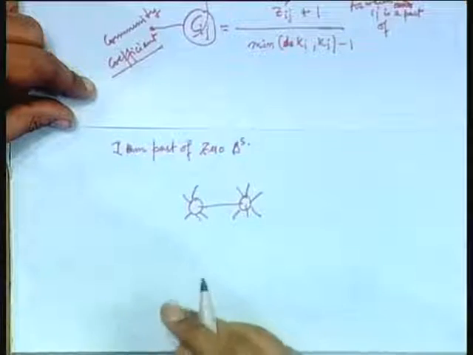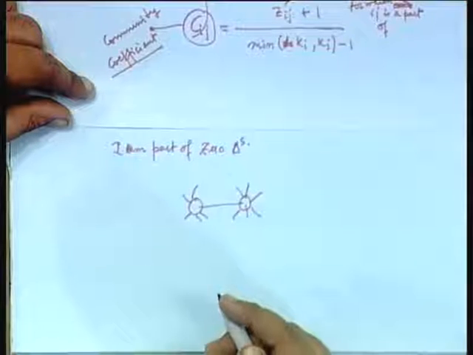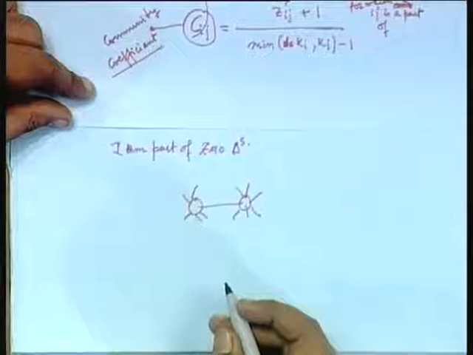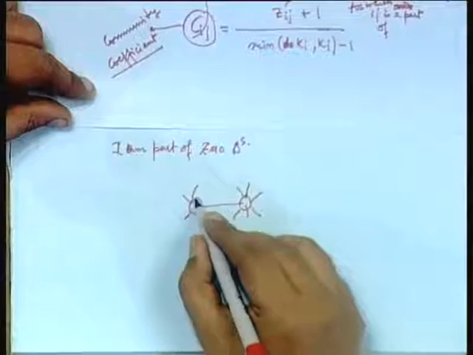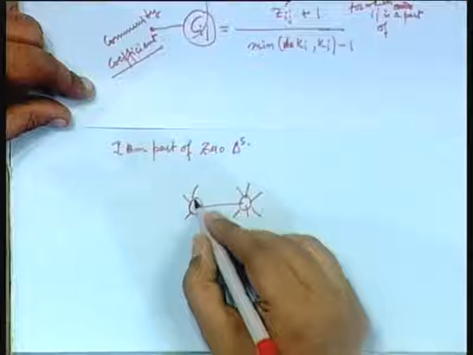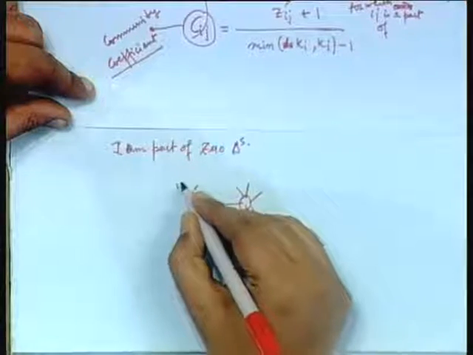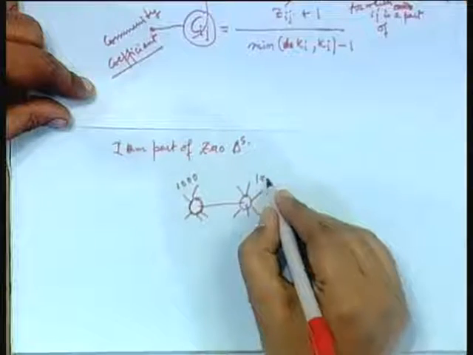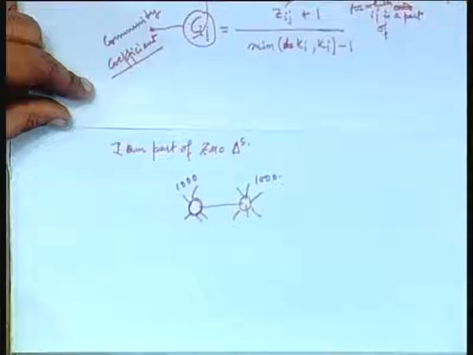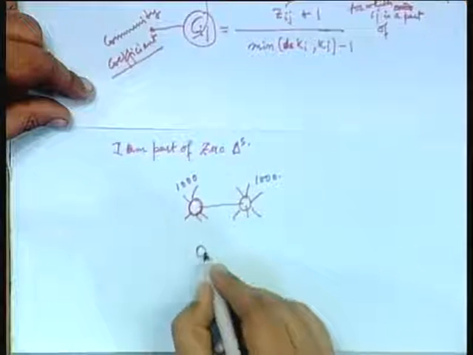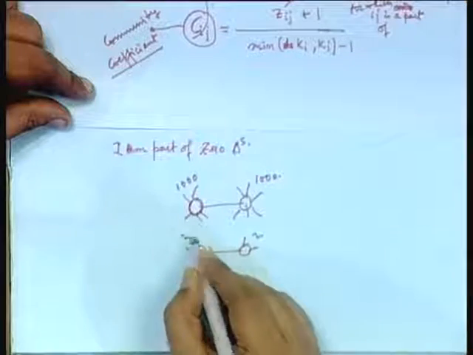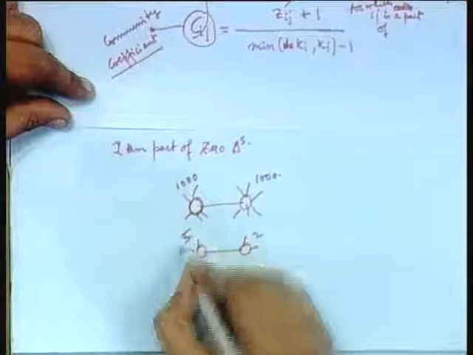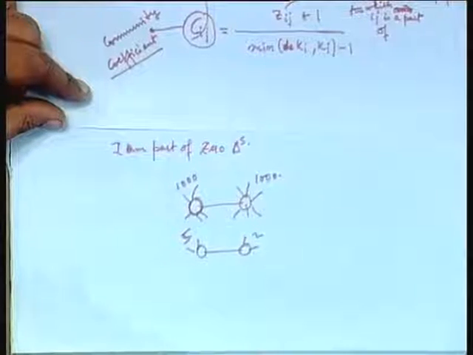In one case I have 10,000 nodes and I am part of 0 triangles, with each of these nodes having, say, 1000 links. In another case, this node has 2 links and this node also has 2 links, or let us say 5 links. Now what will happen?